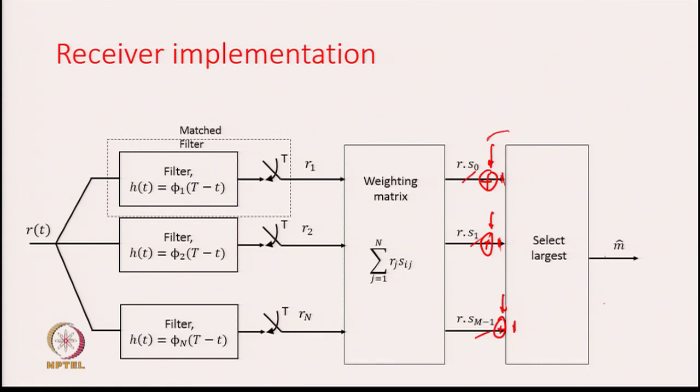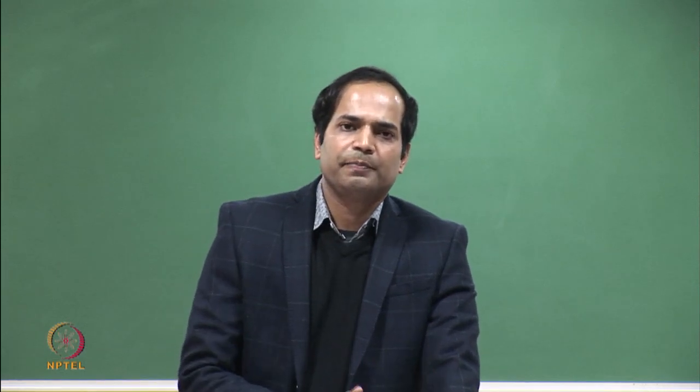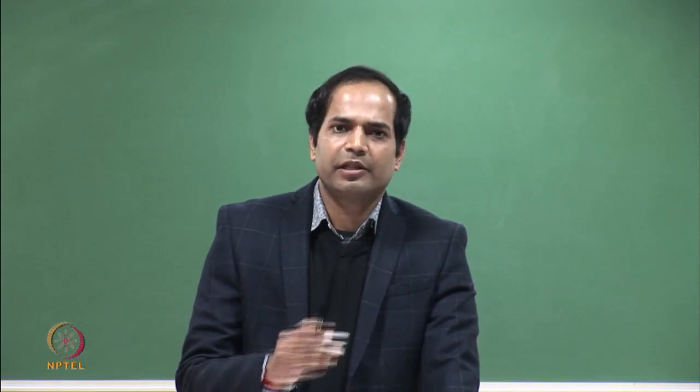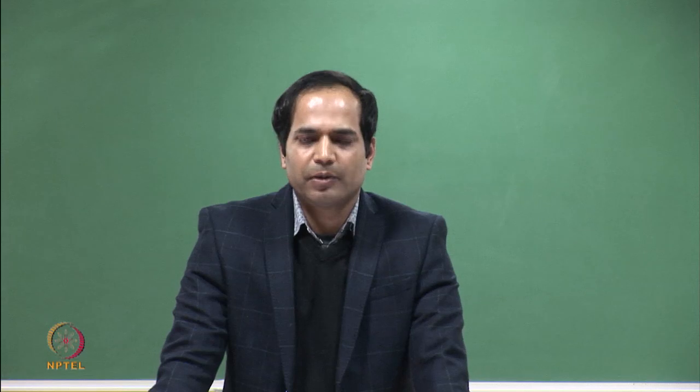So, this bias takes care of the case where these signals are not equiprobable or come with different energies. How to choose this bias and why we are choosing it will become clear when we do detection. At this point it is important to appreciate that the decision in a receiver is basically motivated by a bunch of inner product operations. Okay.